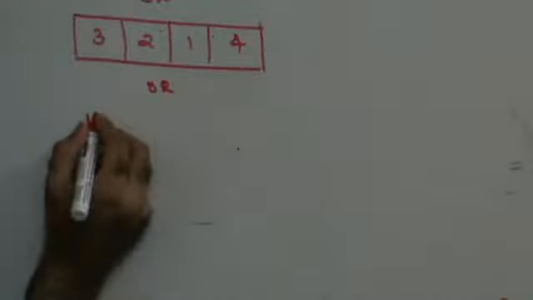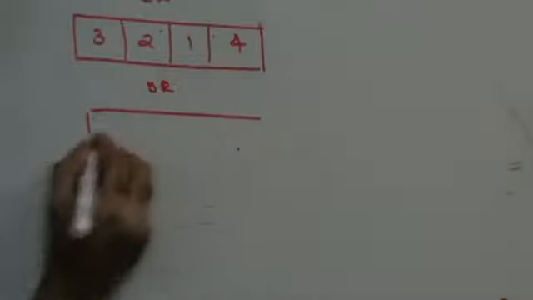Or I could have 3 here, 1 here and 2 here and 4: 3, 1, 2, 4. I could just go on making multiple alternatives this way. For all the alternatives you will end up getting the same answer. I'll just pick up one alternative at random and make the time in and time out for that.